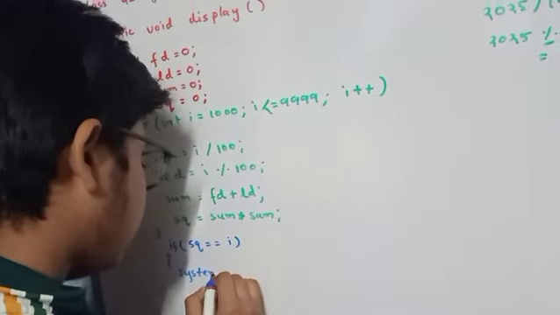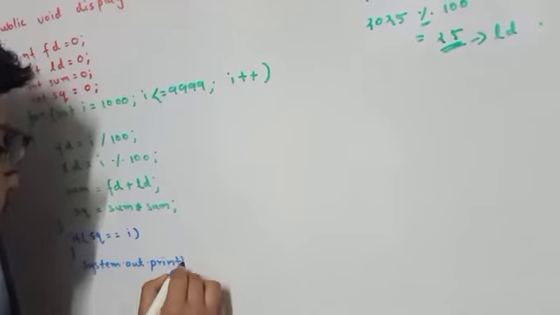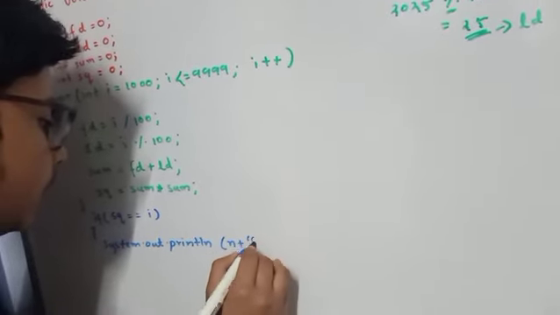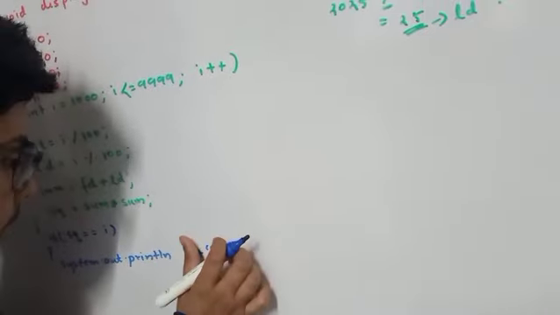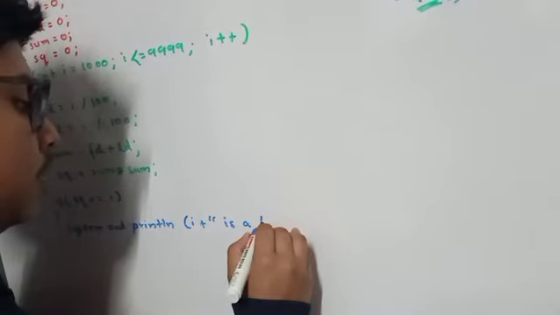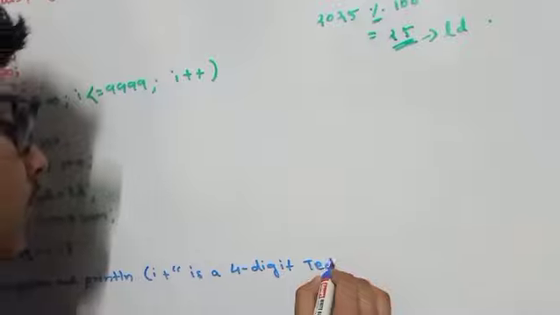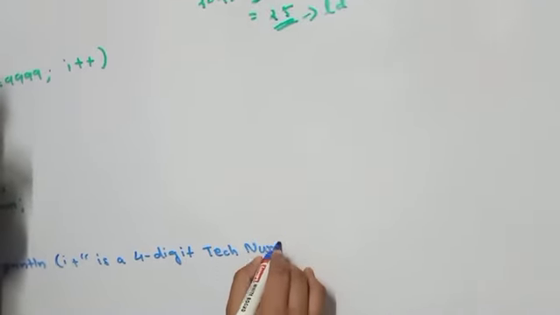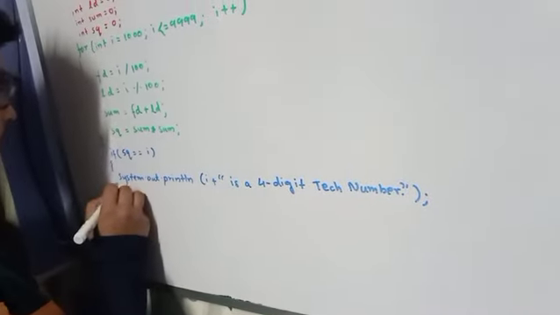system.out.println i plus " is a 4-digit Tech number".